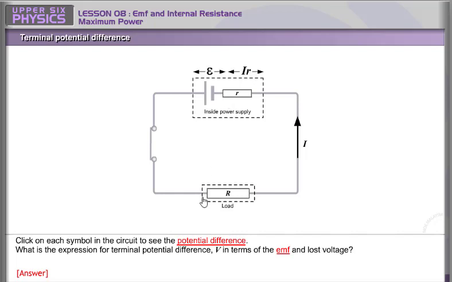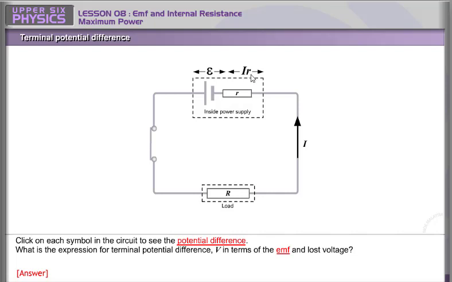Potential difference across the cell. Now there are two things here, you must understand. One is the EMF, epsilon. It means the voltage supply. But with this voltage supply, you have to overcome the internal resistance, so there will be a potential difference across it, which is given by Ir.